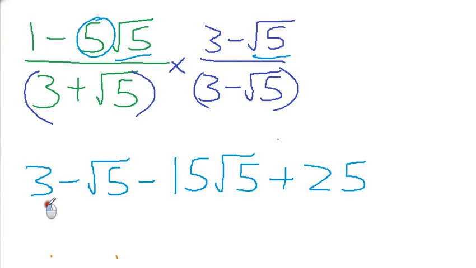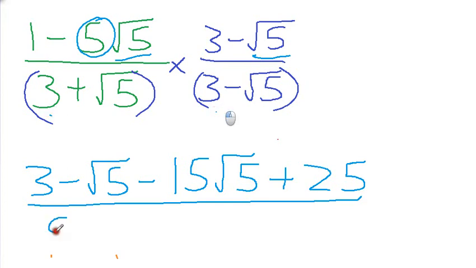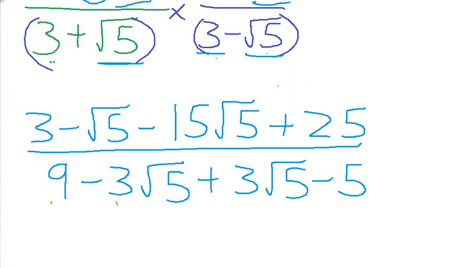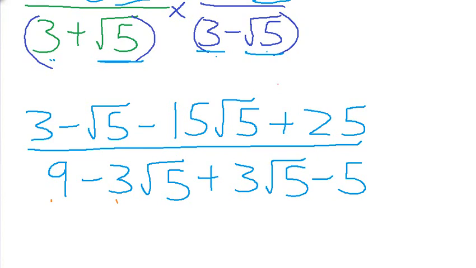And then on the bottom, we're going to get 3 times 3, which is 9. Then we're going to get 3 times minus root 5, so minus 3 root 5. Then 3 times root 5 plus 3 root 5. And then root 5 times minus root 5, so minus 5 on the end there. So as you can see, these here are going to cancel out.